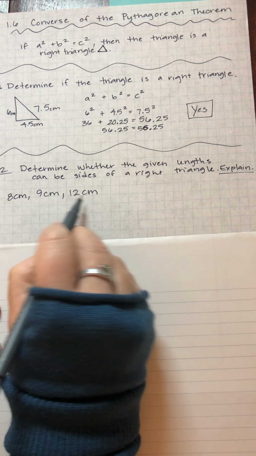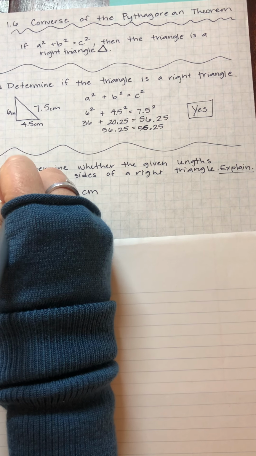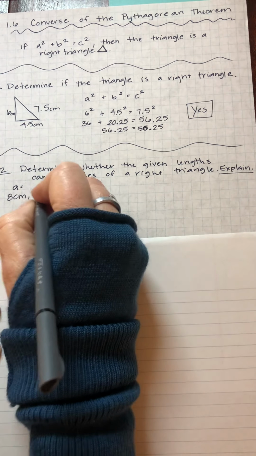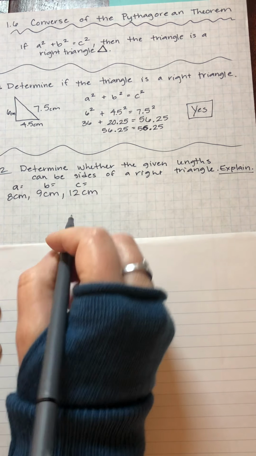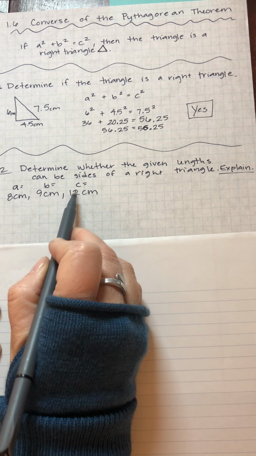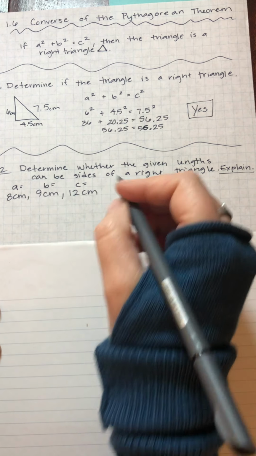However you want, I'm just going to do it right in order. I'm going to say that A is 8, B is 9, and C is 12. The one that matters is that the longest side is C. The other two, it doesn't.